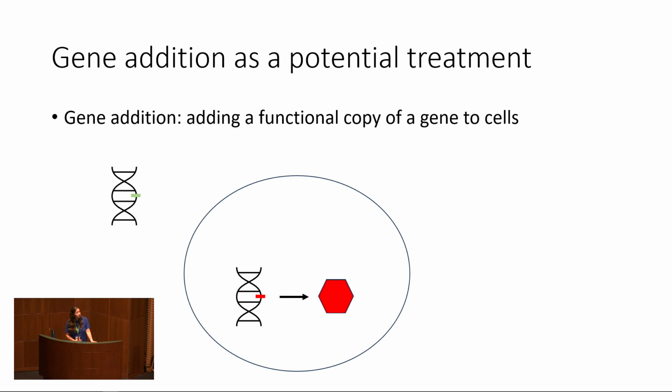Gene addition works by hopefully adding a functional gene to those cells, so that the cell would not only produce the deficient protein, but would then also produce a functional protein, and this functional protein would be able to restore the enzymatic activity that patients were deficient of and potentially prevent the disease from occurring.